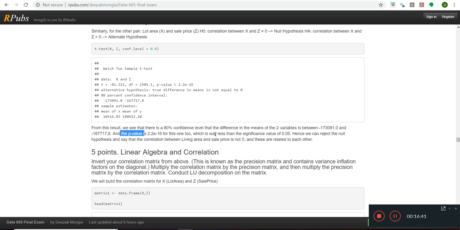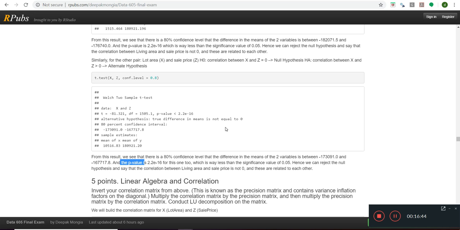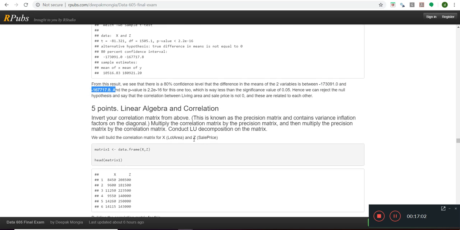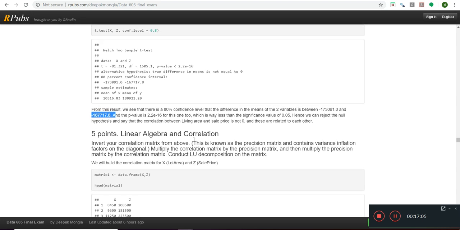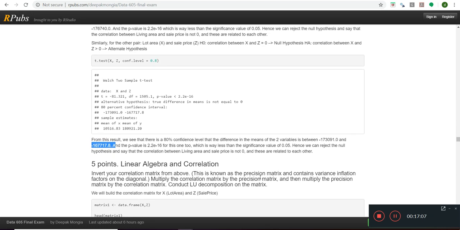That means these two variables are related to each other. They have a correlation of greater than 0. And the 80% confidence level of the difference in the two means will lie between minus 173091 and minus 167717. So that means these two are also related to each other.